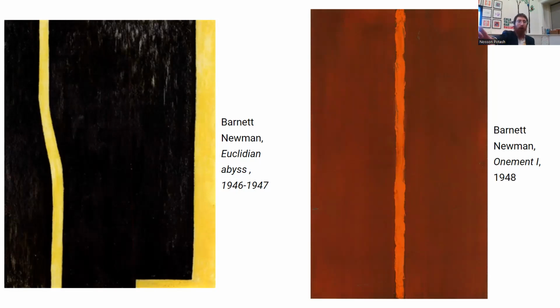Then, in 1948, he creates this third kind of image. Here you have a dark background, but it's not black. It's not the abyss. It itself has some kind of quality, an expressiveness.